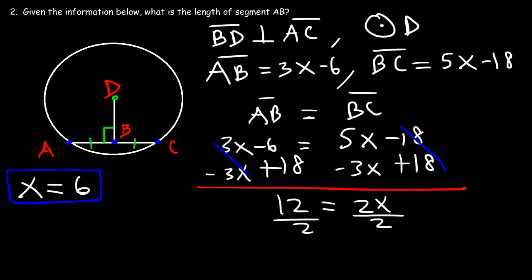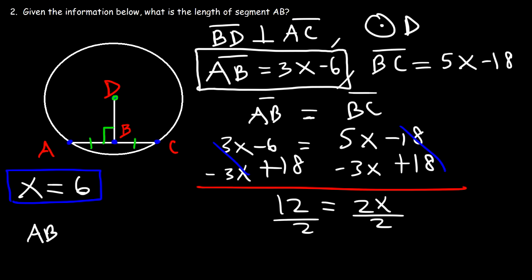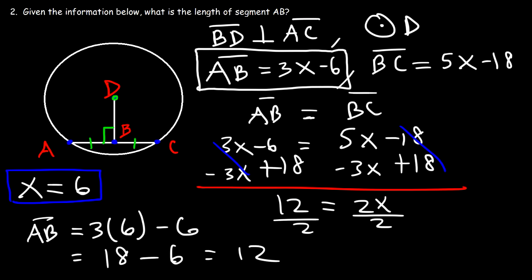So x is equal to 6. Now that we know the value of x, we can calculate the length of segment AB. AB is equal to 3x minus 6, or if we replace x with 6, it's going to be 3 times 6 minus 6. 3 times 6 is 18. 18 minus 6 is 12. So this is the answer.